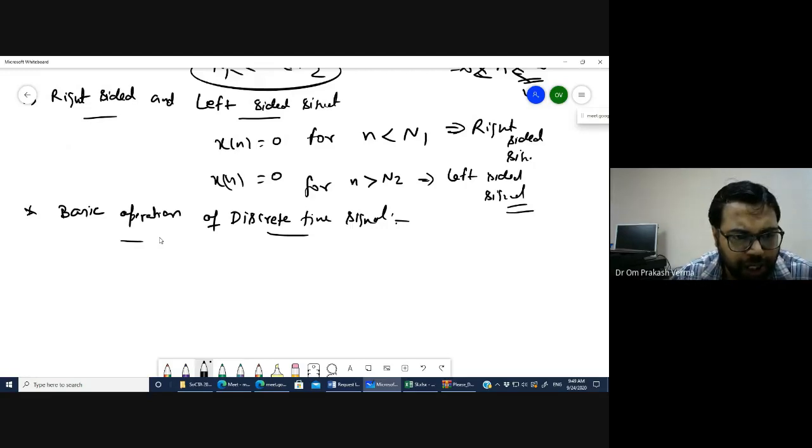First, let's say I am taking one signal, how it is represented graphically. Let's say this is the w[n] signal, and this is 1, 2, 3, 4, and so on.